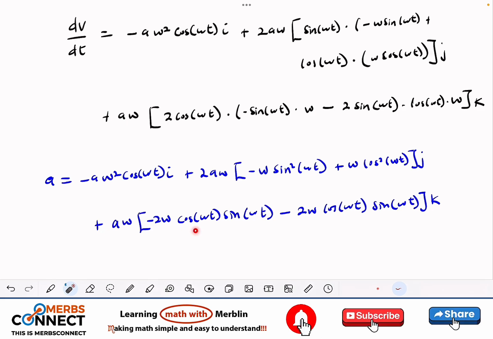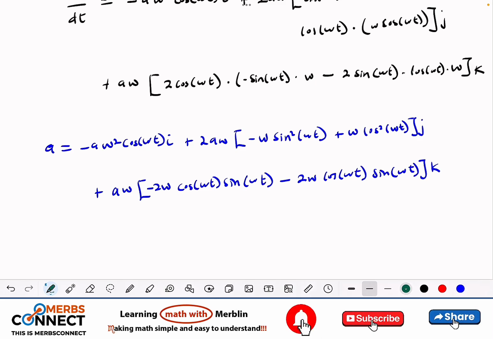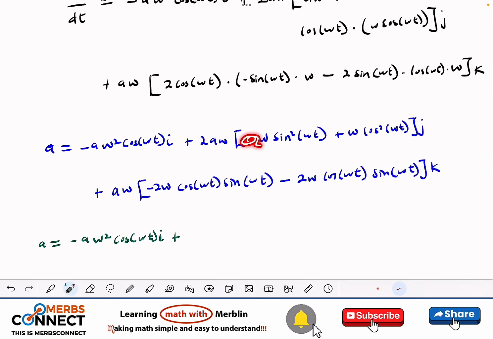So we can see that I think this term is the same, right? This term is the same. So when I simplify that, I'm going to have acceleration equal to minus a omega squared cos omega t i plus this one. We cannot say that is equal to 1 because there's a minus here. So I can factor omega out. So I'm going to have 2a omega squared, then since this is minus, I'll swap this and this. So I'm going to have cos squared omega t minus sine squared omega t j.